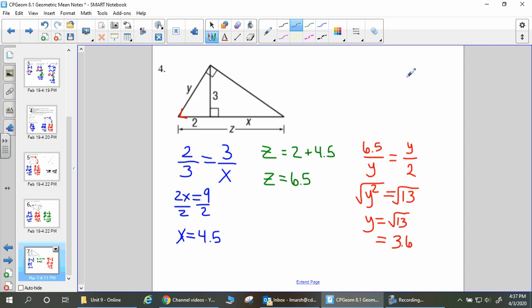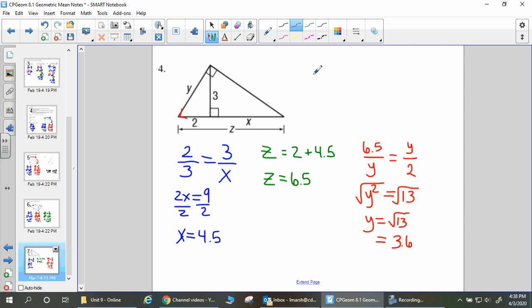So it is possible to have your letters not in the original positions, but how you set up your proportions still is the same. Think about if the x was in the middle here, what would it have looked like? Still go through those motions. 2 over 3 equals 3 over x in this case.